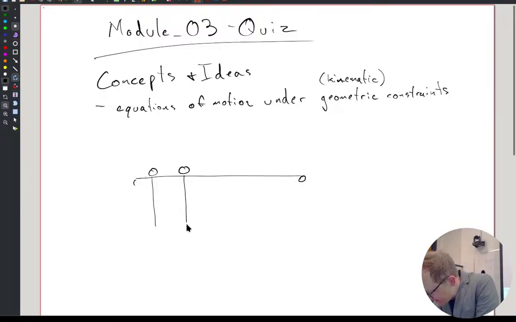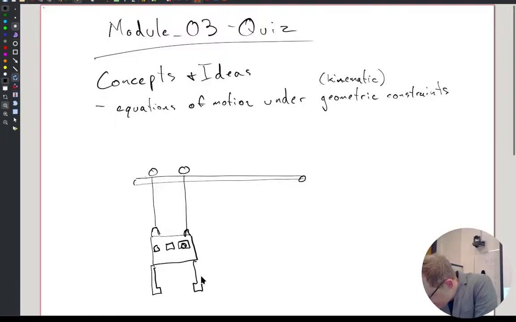This one's kind of like a compound pendulum, but have you ever seen those, usually it has some kind of grippers or something, but it goes along a track.